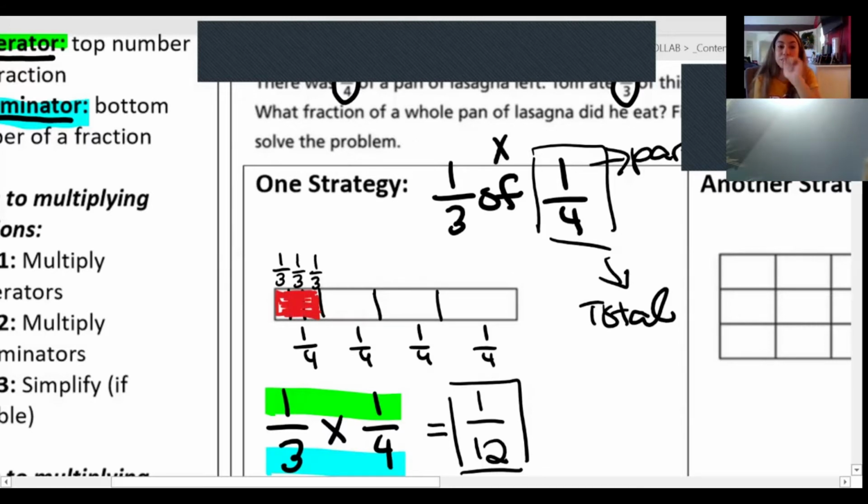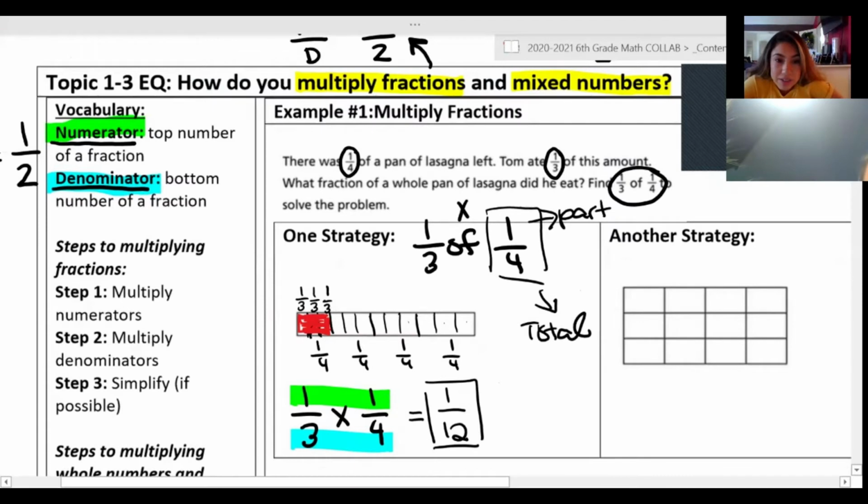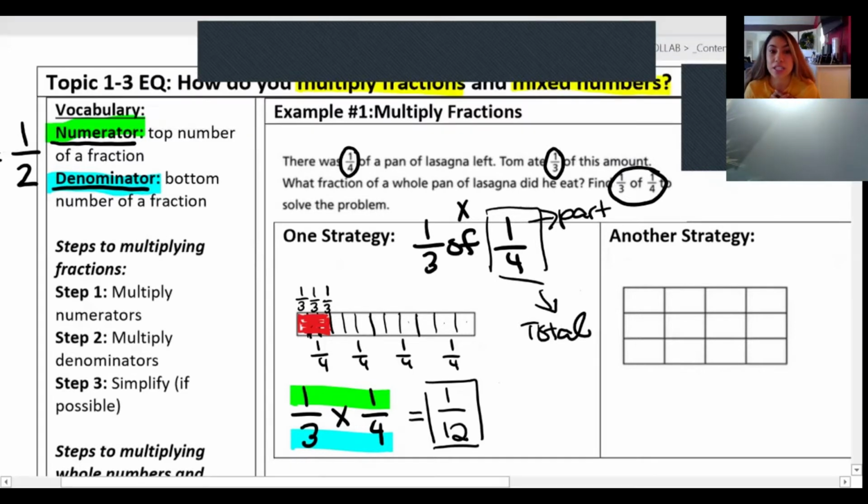See how each of these parts represent now 1/3. So now that Ms. Wilmington broke each piece of the 4th into thirds, we're going to just need 1 part of the total of the 1/3. So we just need to circle just one of the tiny sections because that's how much Tom ate. So now this is going to be our part, our 1 of the total.